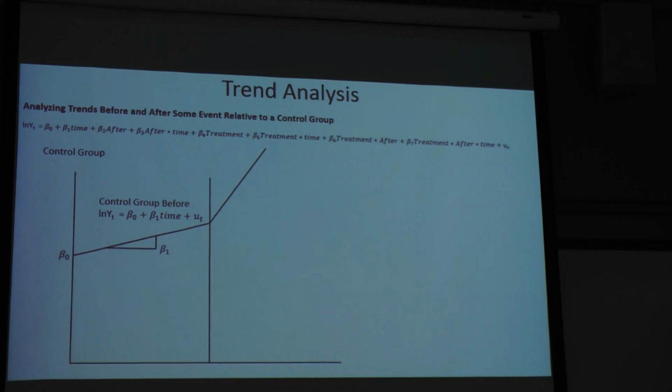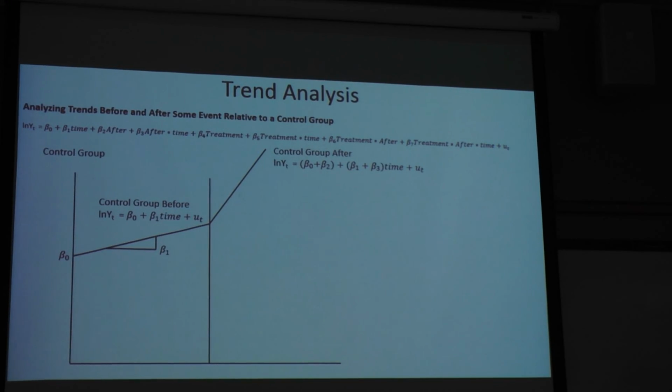So beta 0 represents the intercept for the control group before the treatment. Beta 1 represents the slope of the control group before the treatment. And really, it's always the coefficients of time, the growth rates, that we're more concerned with.